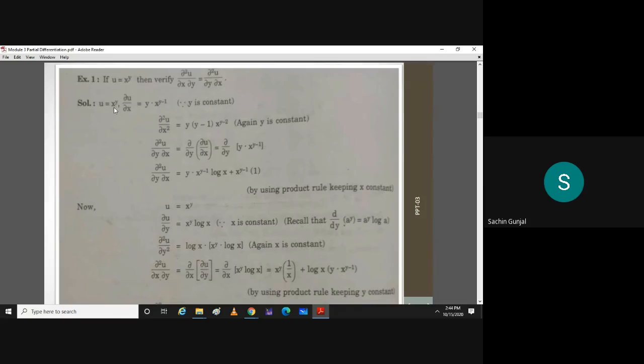So it is something like x raised to n, whose derivative is n into x raised to n minus 1. So del u by del x is equal to y x raised to y minus 1, because y is constant.